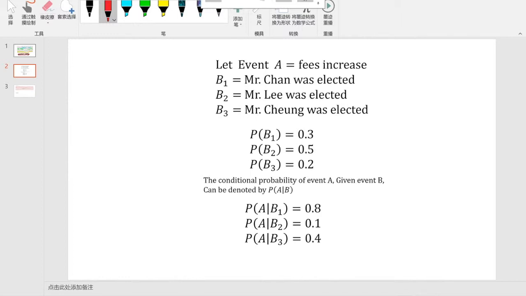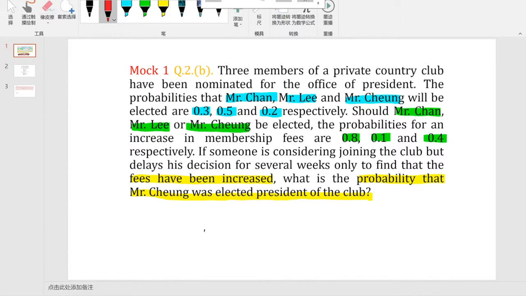And also from slide 1, we know the green numbers: if Mr. Chen, Mr. Li, or Mr. Chung is elected, the probabilities for an increase in membership fees are 0.8, 0.1, and 0.4.